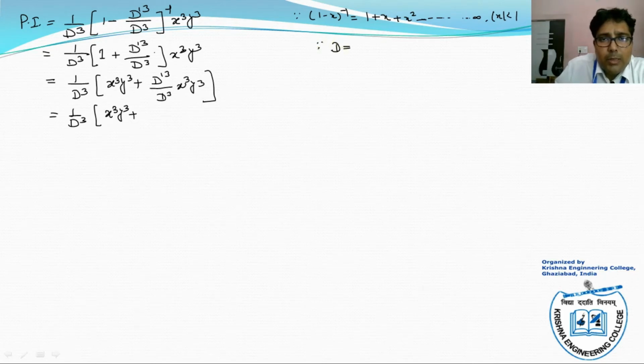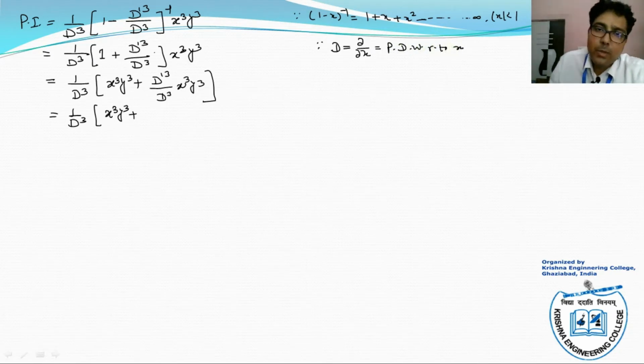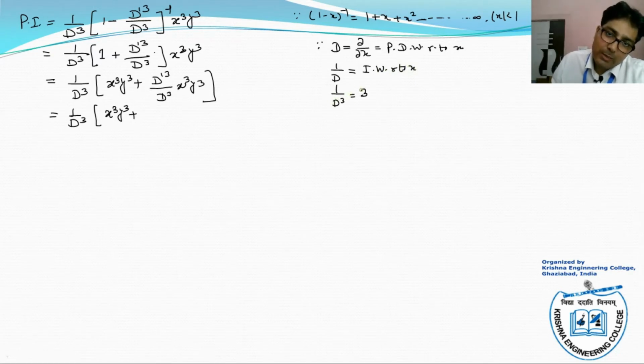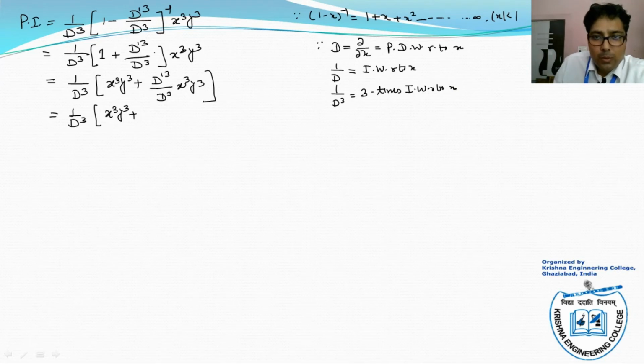A notable point here: D means ∂/∂x, that means partial differentiation with respect to x, clear? 1 upon D means integration with respect to x. 1 upon D cubed means integrating 3 times with respect to x. So now find 1 upon D cubed of x cubed y cubed here.